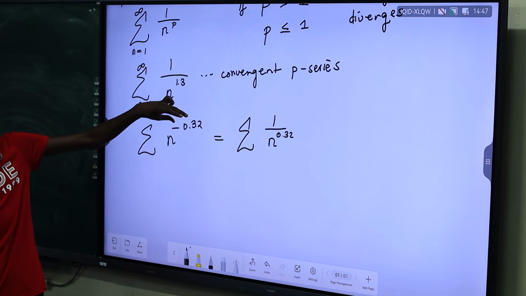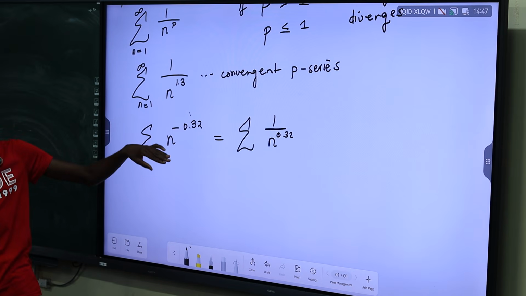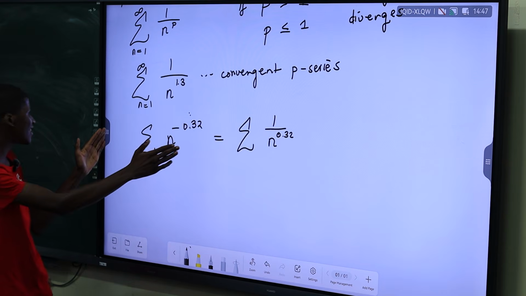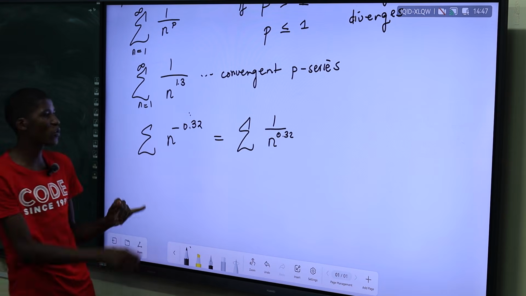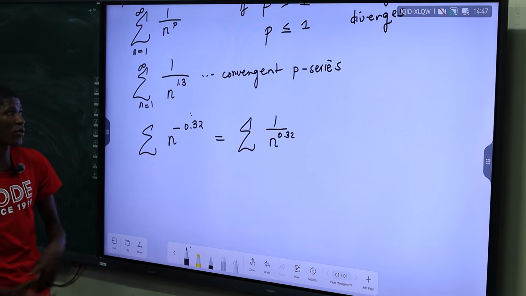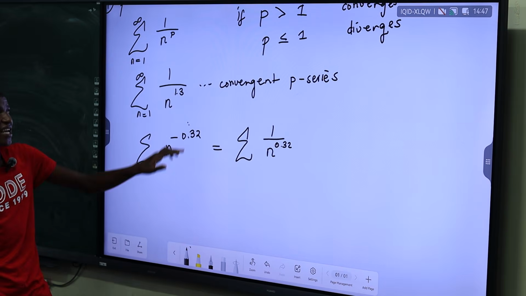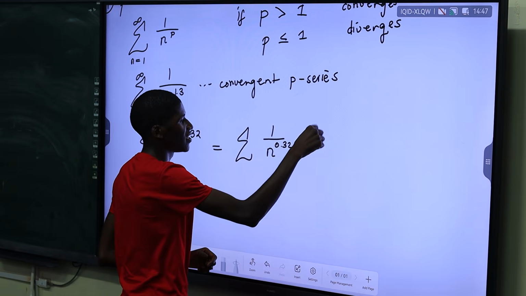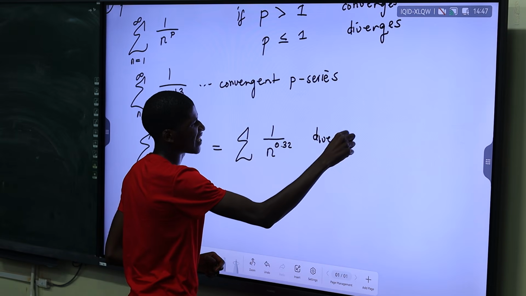When the exponent is negative, it simply means this n power is in the denominator. So this is still a p series. When you are given this format, treat it as a p series and find out whether the exponent in this standard form is greater than 1 or less than or equal to 1. In this case, it is less than or equal to 1, so it's divergent. It's simply that.